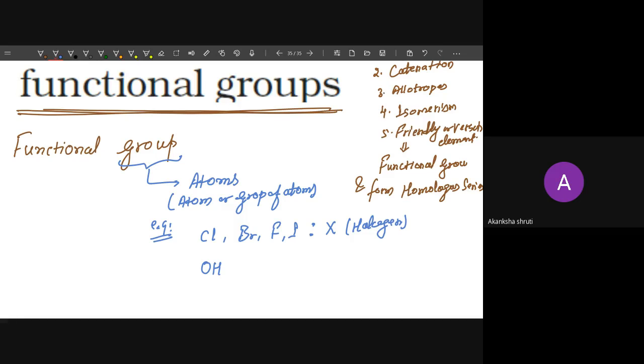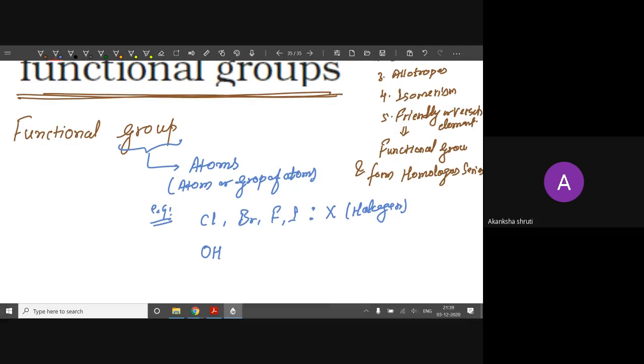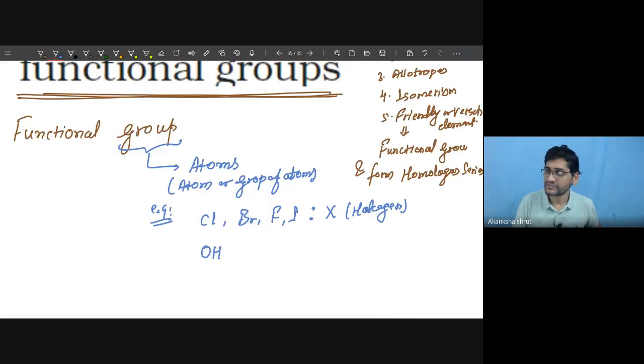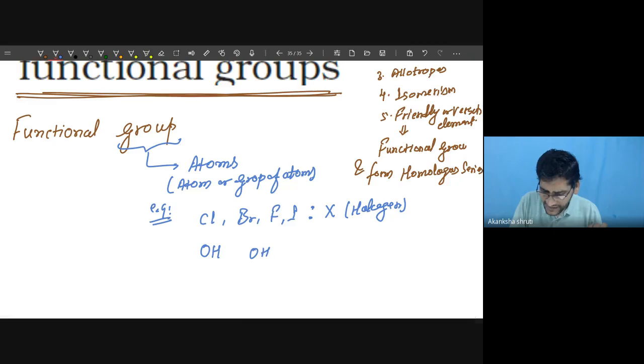But here carbon is always forming covalent compounds, so this OH minus is not written; rather it is used as a bond or open bond with OH. This denotation is for ionic, this denotation is for covalent.